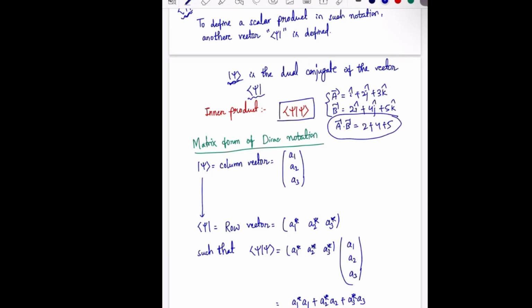Similar to this, in quantum mechanics we represent the inner product as psi with psi. This is the inner product in bracket notation.